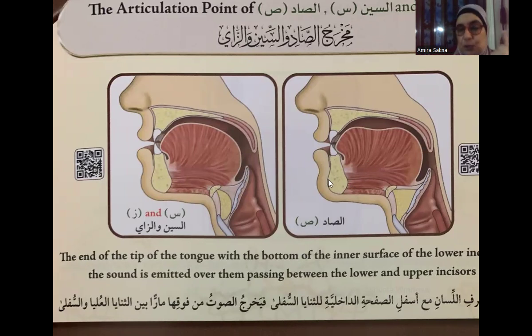Each family has only one letter which is a heavy letter. Over there, it was the qaf. Here we have the Sad. The Sad is the only heavy letter in this family, while Sin and Zai are light letters. But all three share the same articulation point, which is the end of the tip of the tongue.